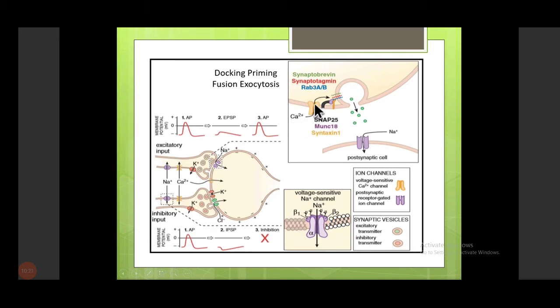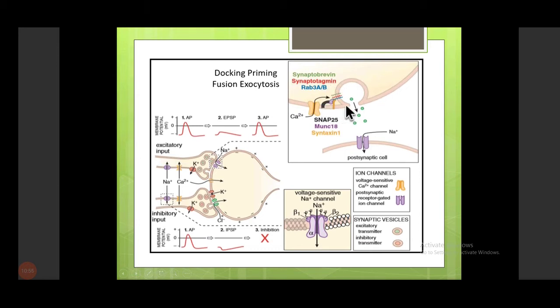More calcium goes from the outside into the inside of the cells. The calcium which has entered into the axon helps in binding this complex of the vesicle and the membranal proteins, and at the end it goes on to bind at the synaptic end. This happens at this end also.